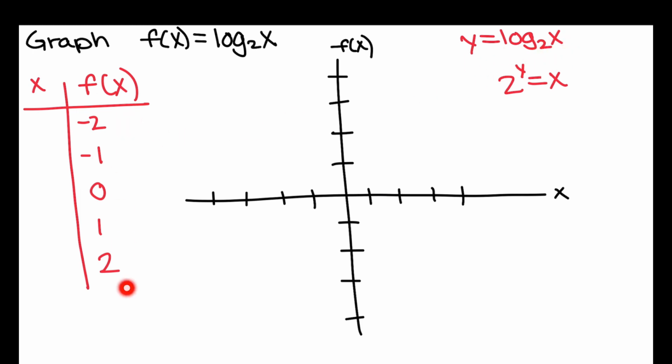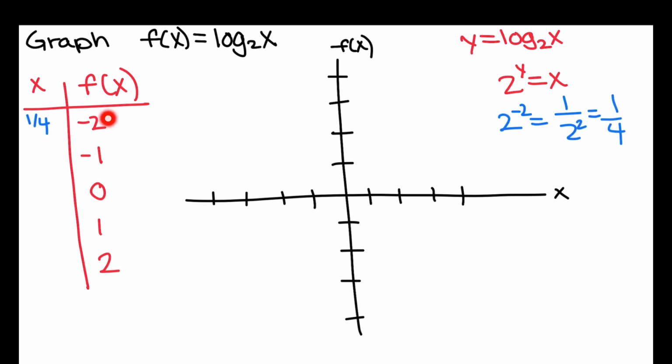And then we can pick a bunch of numbers for our y values, plug them into our exponential, and get the x value. So I'm really using the fact that my logarithm is the inverse of my exponential. Essentially, it's like I'm creating a table of values for the exponential function and then flipping them, switching the x's and y's to get that logarithm.